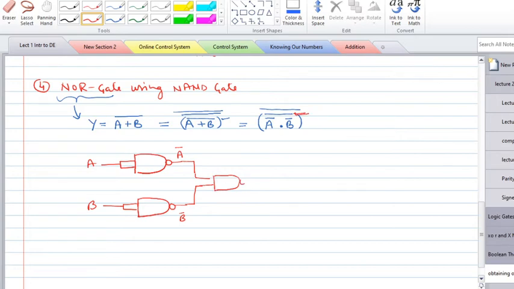Okay, so in this way we will get A bar B bar bar. So again we have to take its inversion, and this is nothing but Y is equal to A plus B bar.